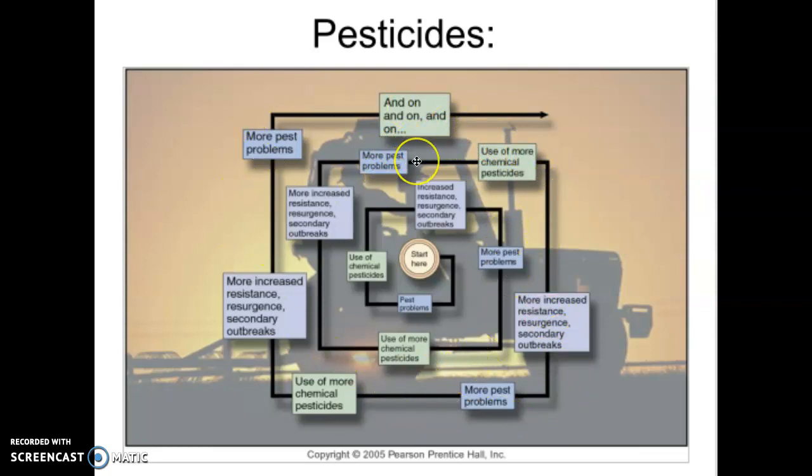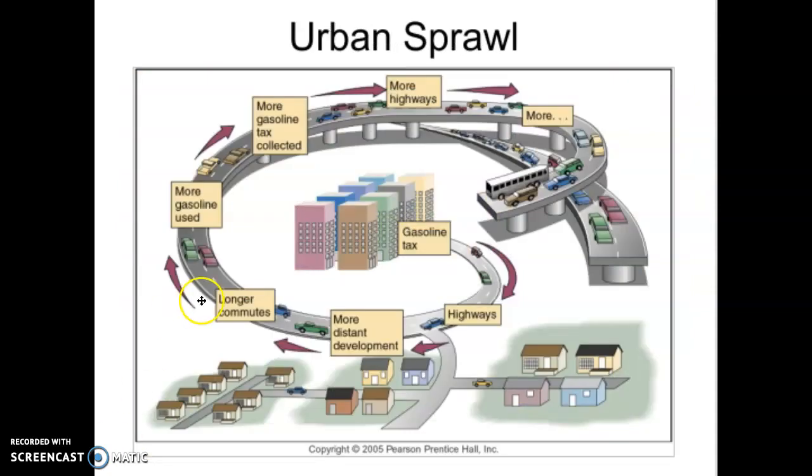So that is a positive feedback because increased resistance leads to increased pesticides. That's another example of positive feedback. You build more highways, more transportation, more commuters, they use more gasoline, and then you add more tax to gasoline, you build more highways. So that is also a positive feedback.